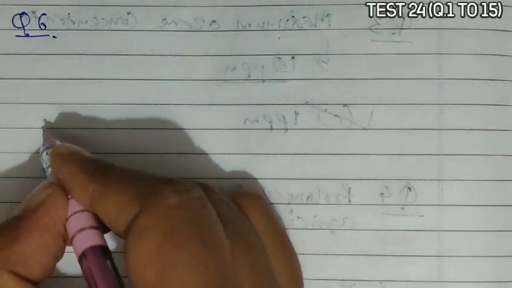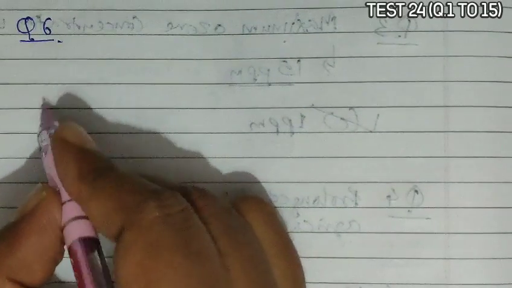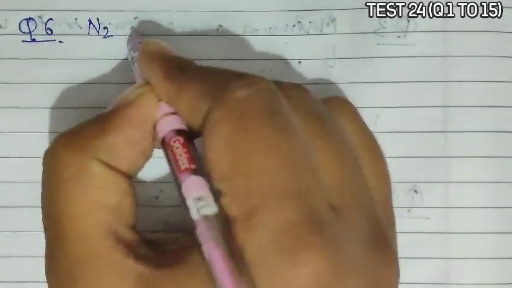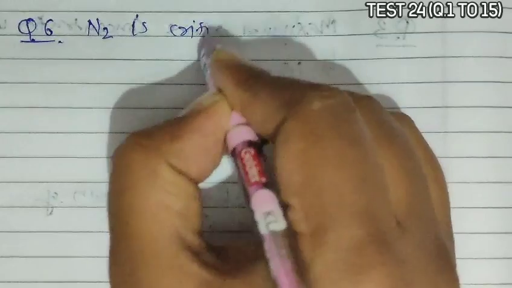Question 6. Question 6 asks that nitrogen is a critical element of ecosystem.